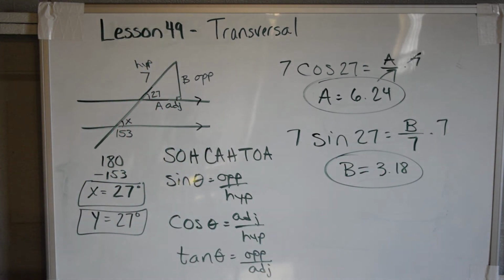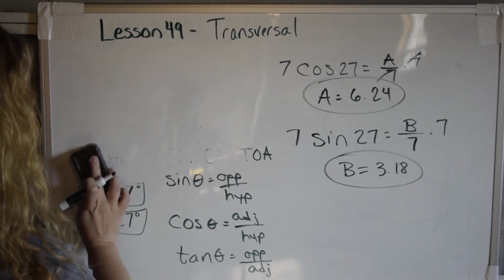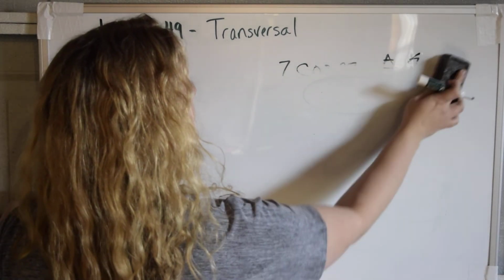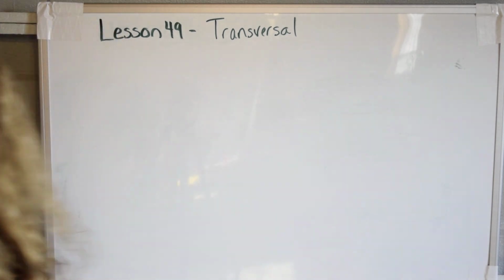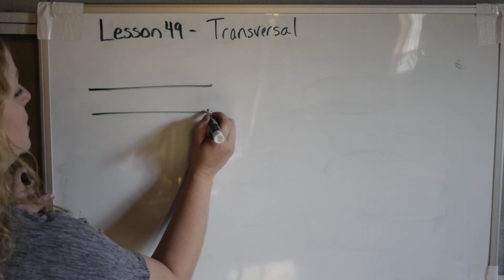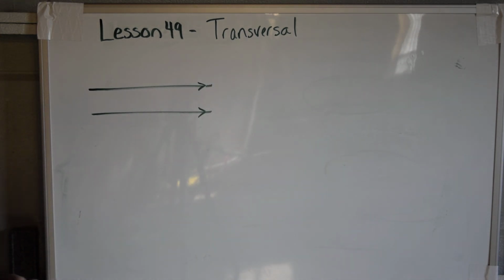Okay, let's look at another example. Start with our parallel lines. Parallel, we know they're parallel because they have the arrows at the end.